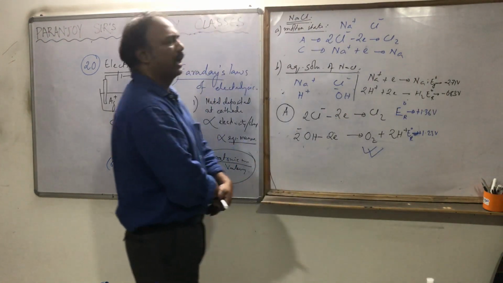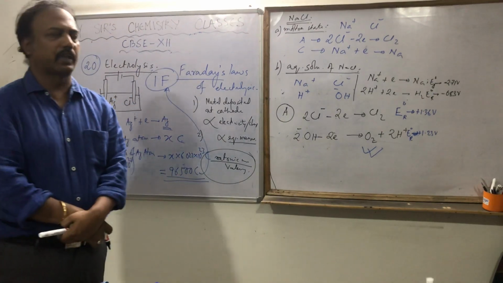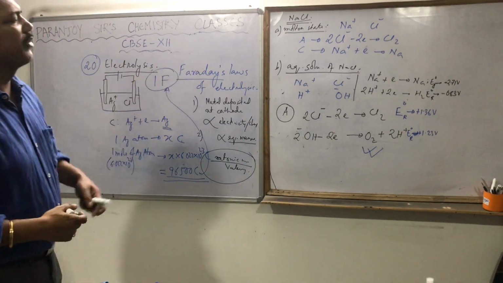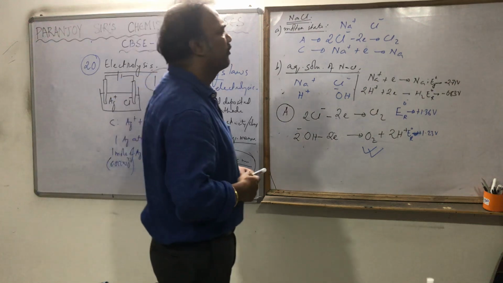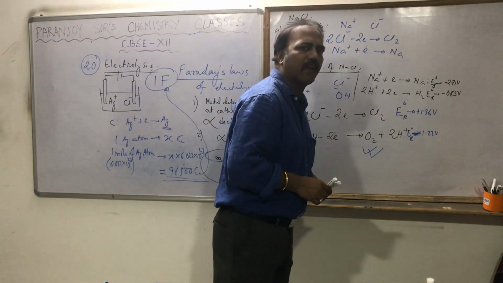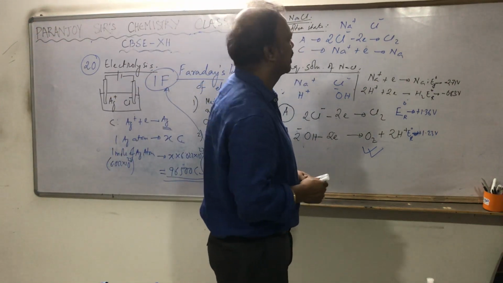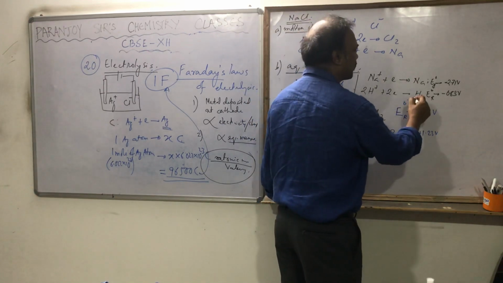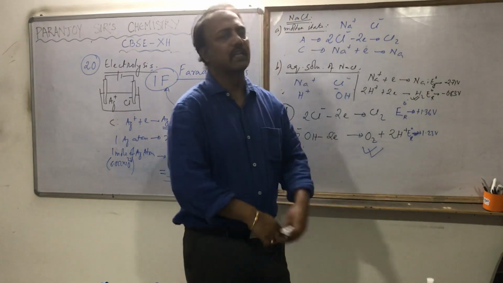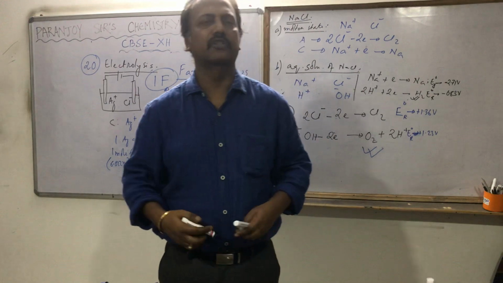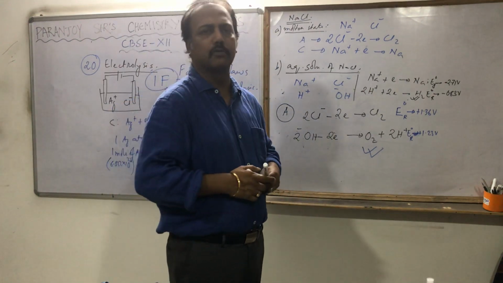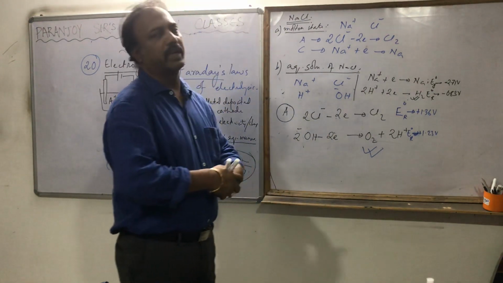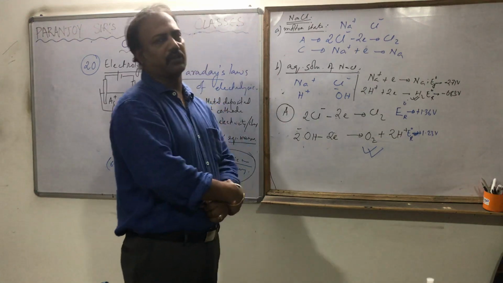So which is the expected product? Whichever has the higher value of reduction electrode potential, and you can see the higher value is for H2. Hence H2 is produced at the cathode.